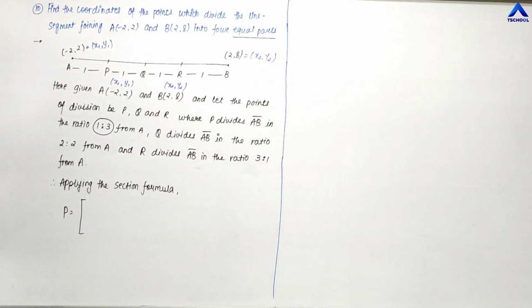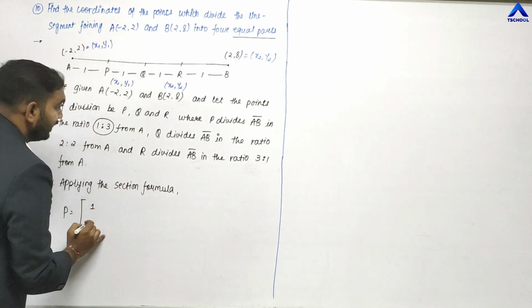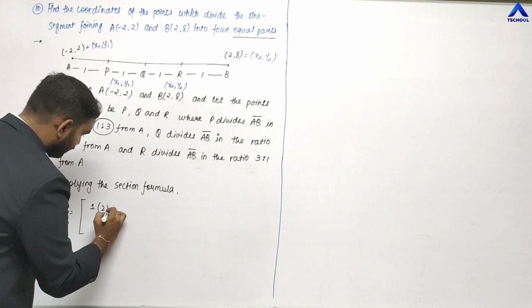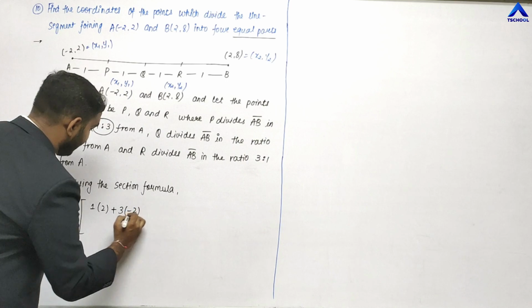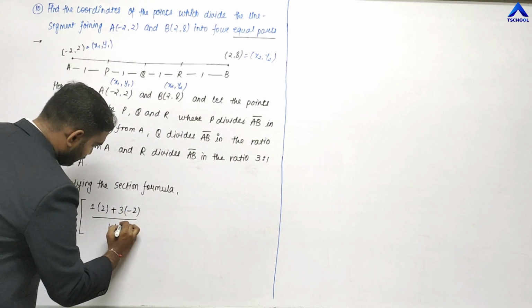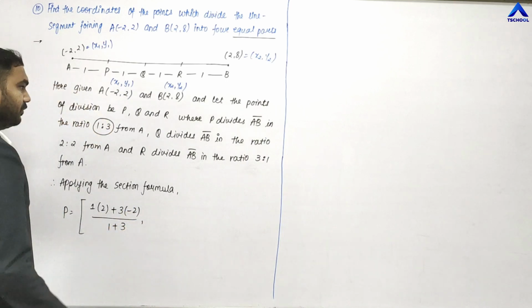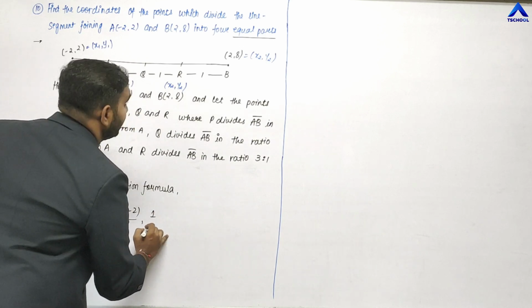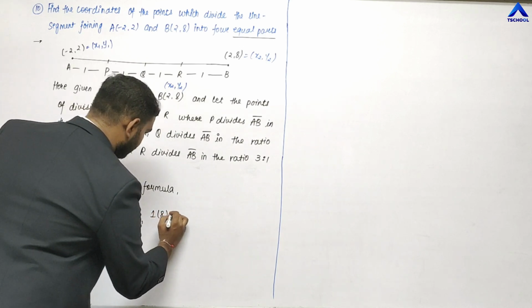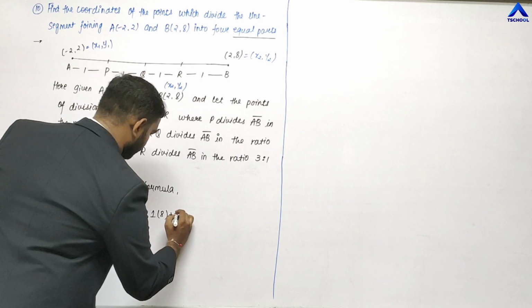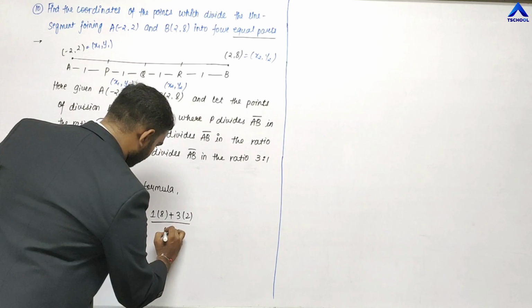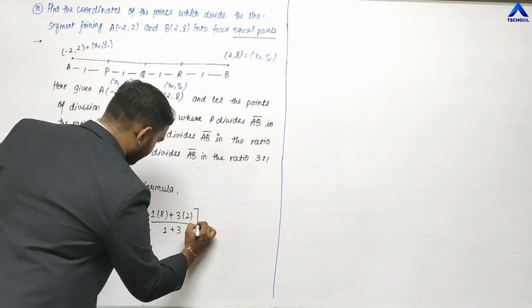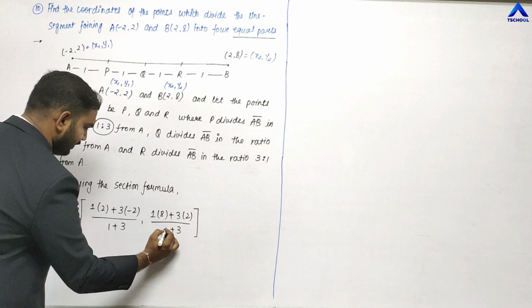Okay, putting down in the formula, that is (m1 x2 + m2 x1) upon (m1 + m2), comma (m1 y2 + m2 y1) upon (m1 + m2), right?